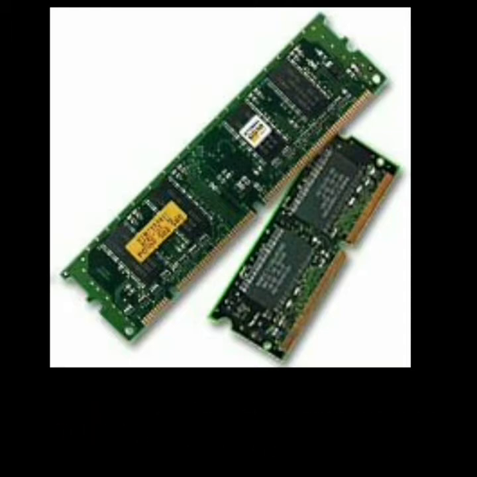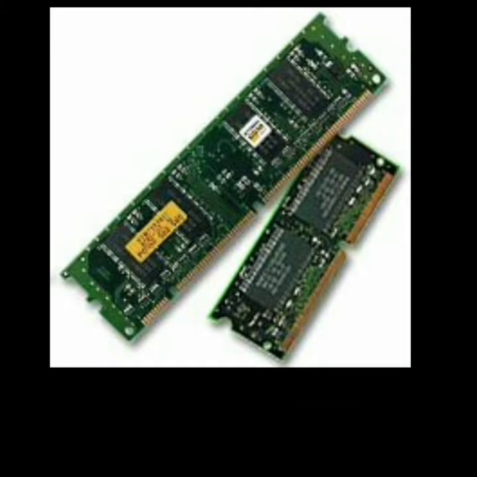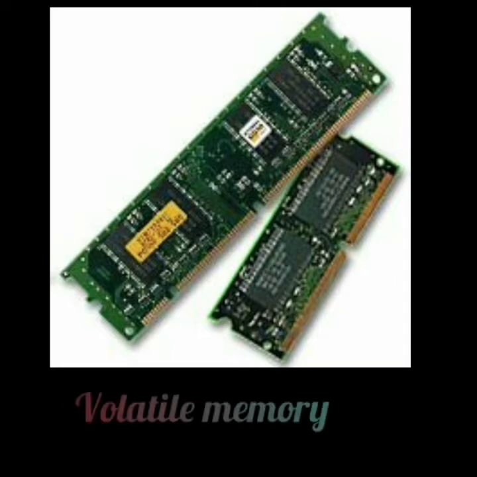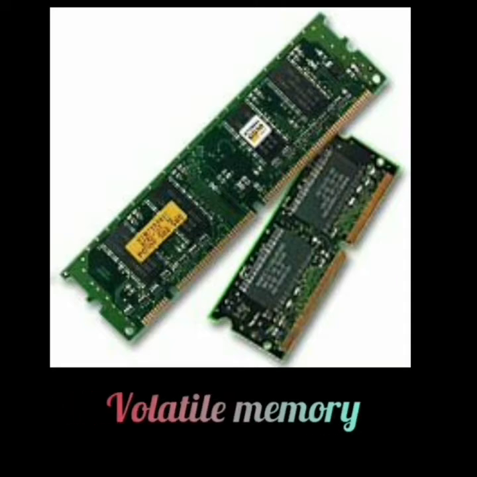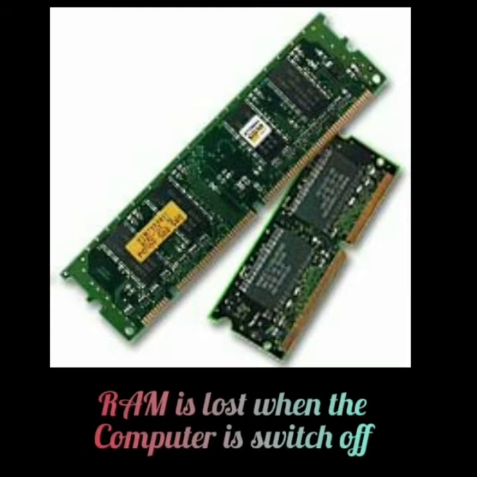You can store data temporarily in a specified location, and later when it is not required, you can write over, that is, erase it and store other data over it. RAM is also called volatile memory, as the contents of RAM are lost when the computer is switched off.